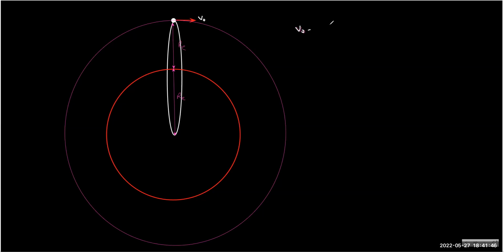The orbital velocity is root of GM by r. Yes, sir. Just a minute, let me make it v only, so that I can relate something. So this we can write as v orbital by root 2. Yes, sir. Because root of GM by r is the v orbital of the Earth, which is like 8 kilometer per second, if you remember.